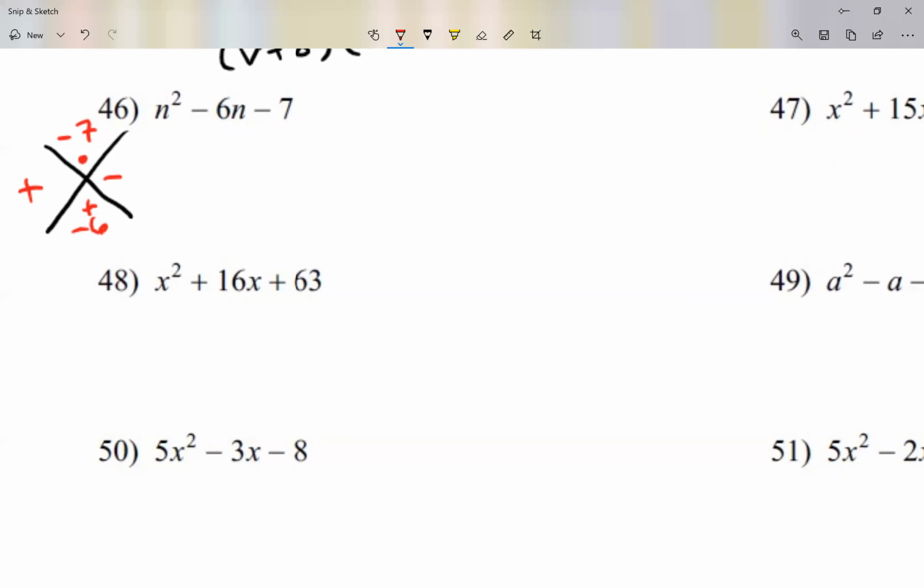And then I start thinking, all right, what are the factors of 7? Well, 1 times 7 is equal to 7, so -7, that's good. When we have different signs, we basically subtract the numbers. If I subtract this, it gives me a -6. Yeah, it works. So my numbers that I'm looking for are +1, -7. When I multiply them, equals -7. When I add them, equals -6.